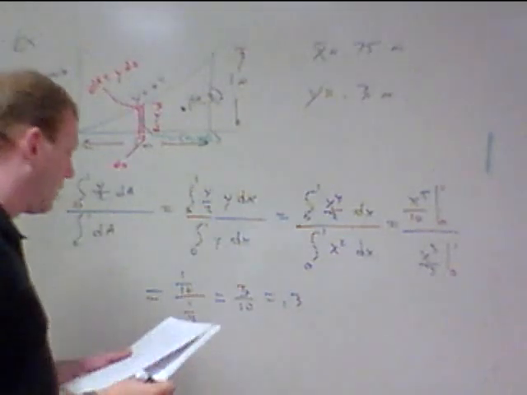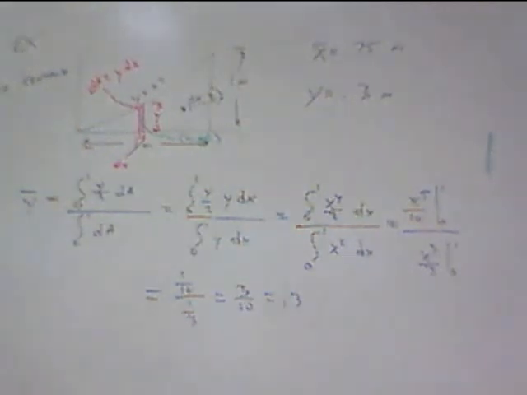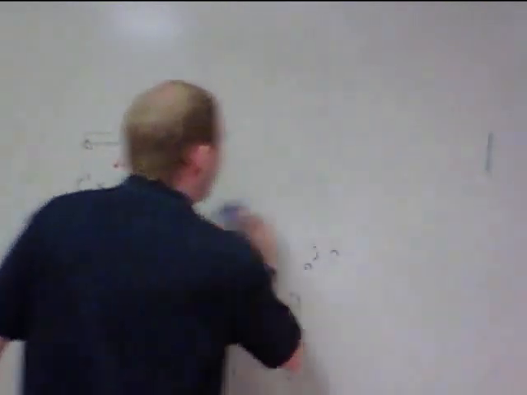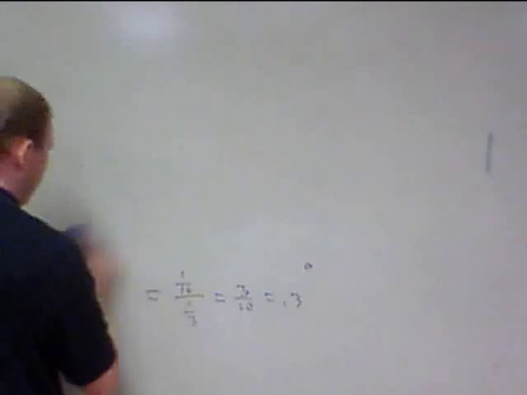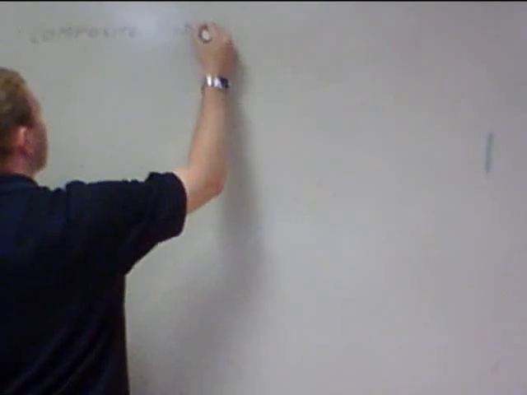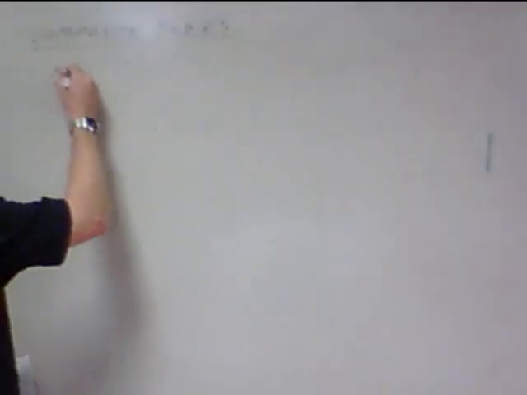Okay. So the next piece, again with a lot of parallels with distributed loads, is if we have a more complex shape, called a composite body. This is a series of connected shapes.